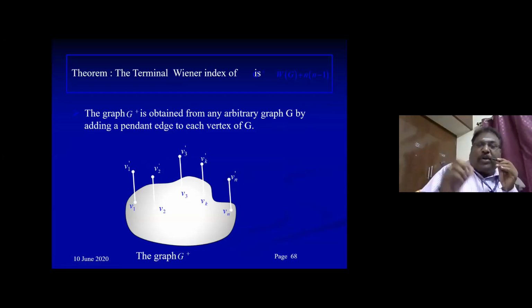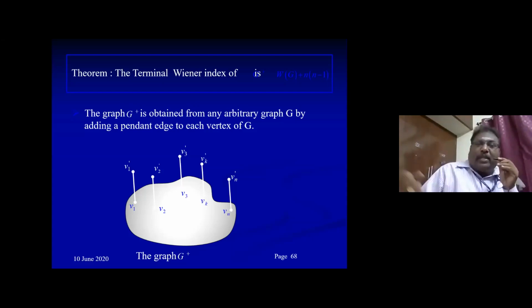What is the beauty here is that, whether or not I have pendant vertices in a base graph, I am creating n new pendant vertices from the original graph. That means I am able to attach a methyl group, CH3. I have a base compound, and I am adding a CH3 in one place. Similarly, for all the places, I remove a hydrogen and put a CH3.